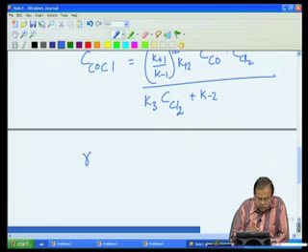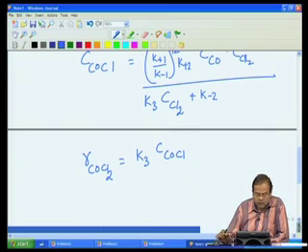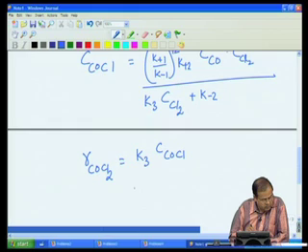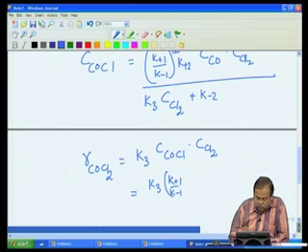And from this, my rate of phosgene production, which is K 3 into concentration of COCl into concentration of Cl 2, we will get K 3 into all these terms that we had before for the concentrations.